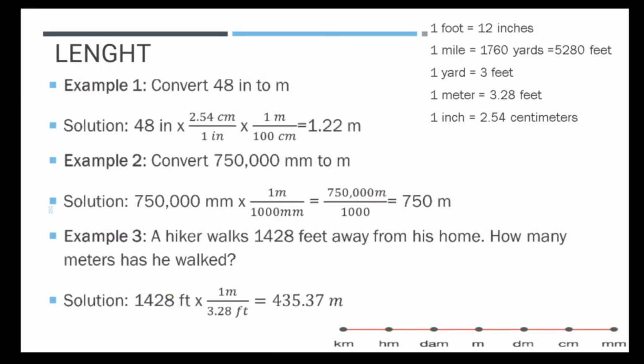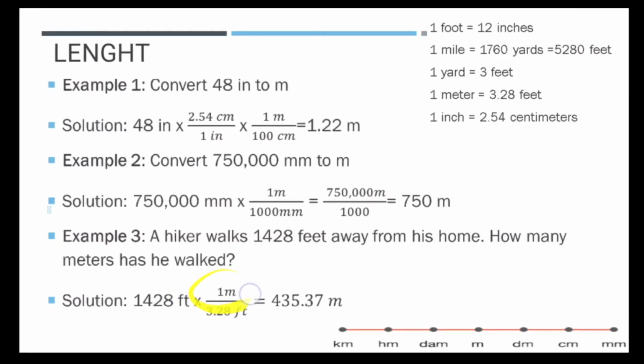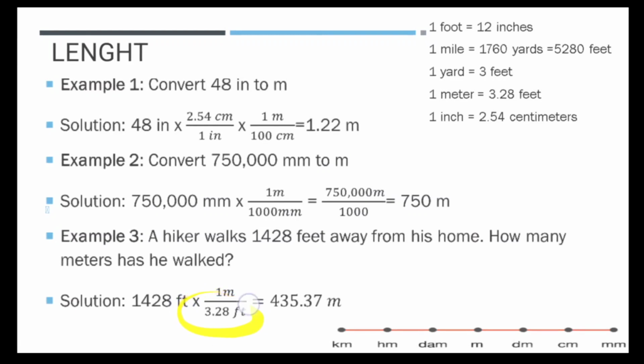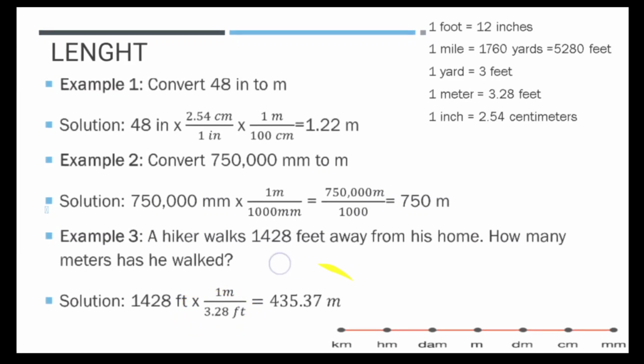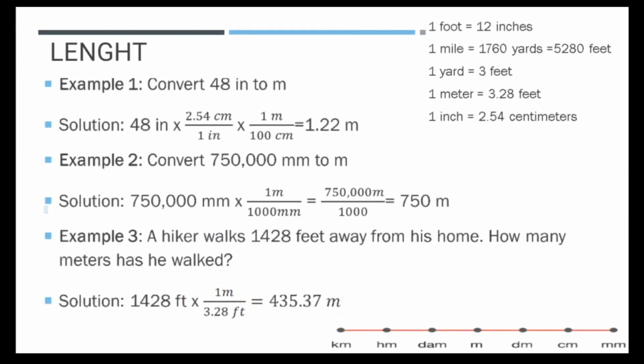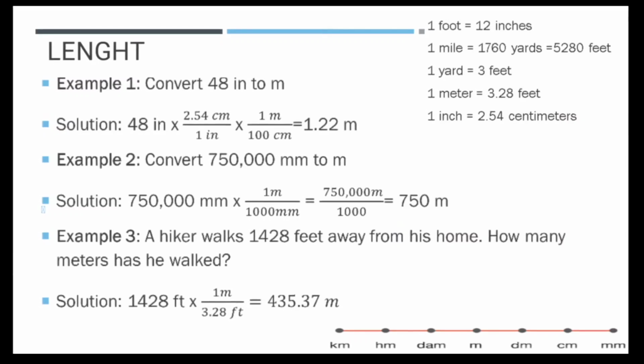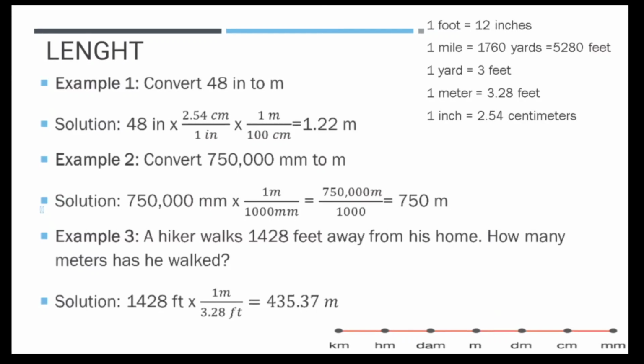So we can eliminate feet. 1,428 times 1 meter is equal to 1,428 meters divided by 3.28 is approximately 435.37 meters. Therefore, a hiker walks 435.37 meters away from his home.